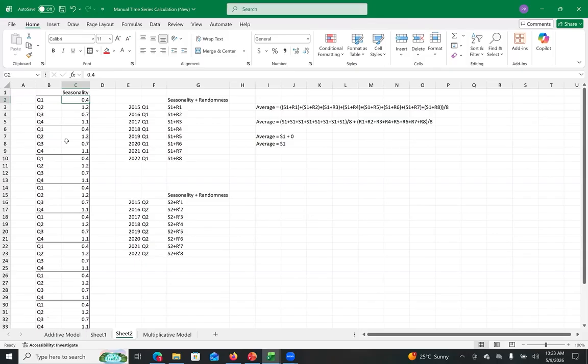See, as I said, seasonality by definition means that it is going to repeat. It can repeat over quarters, over weeks, over days as well. For example, if you talk to any barber in India, you will see there is also seasonality.